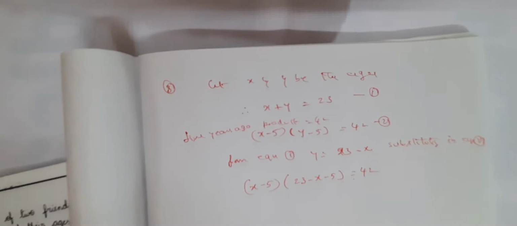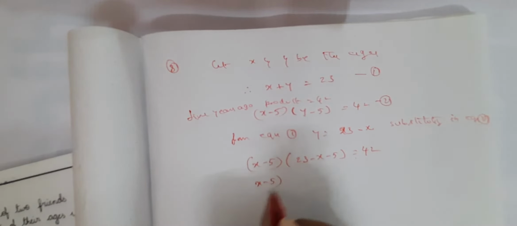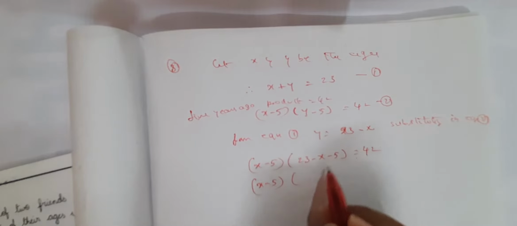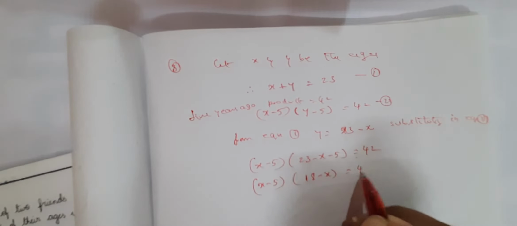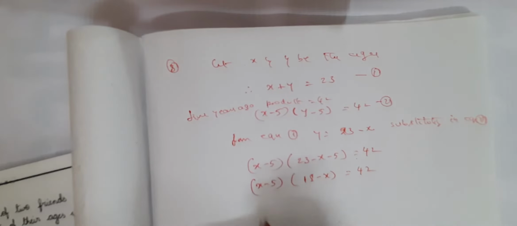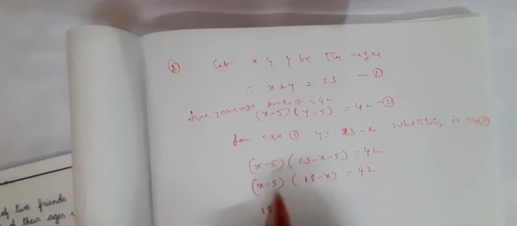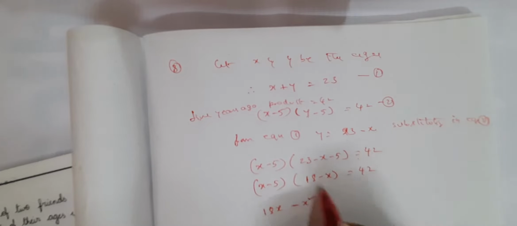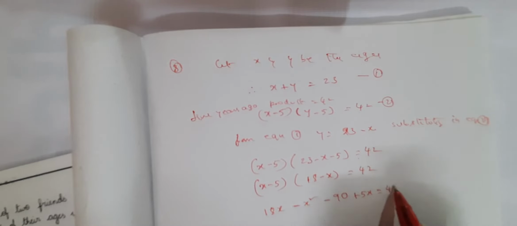is equal to 42. So now X minus 5 as it is, 23 minus 5 is 18. (X minus 5) into (18 minus X) is equal to 42. Now this is 18X, now minus X square, minus 90, and with this one it is plus 5X is equal to 42.